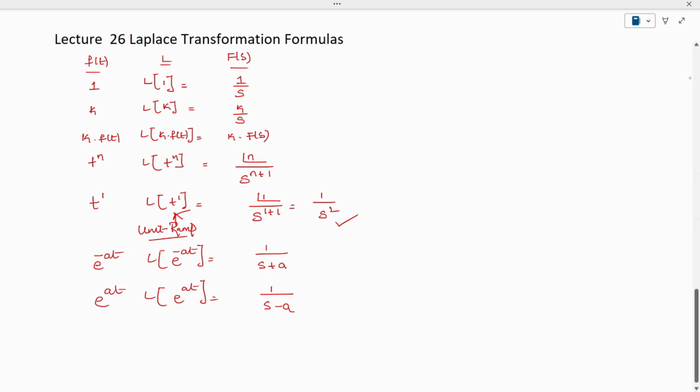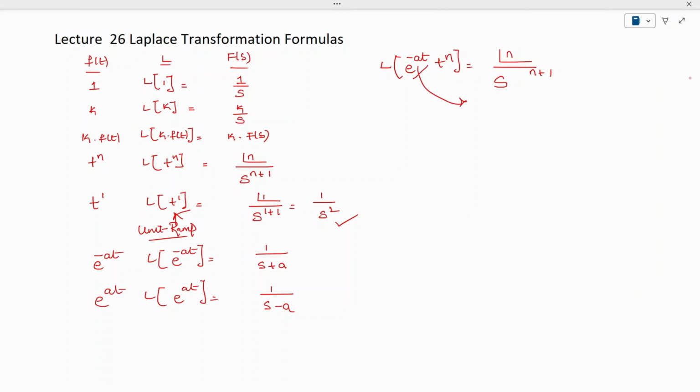Next function is Laplace of e to the power minus at into t to the power n. So already we know Laplace of t to the power n is n factorial divided by s to the power n plus 1. But here we have e to the power minus a.